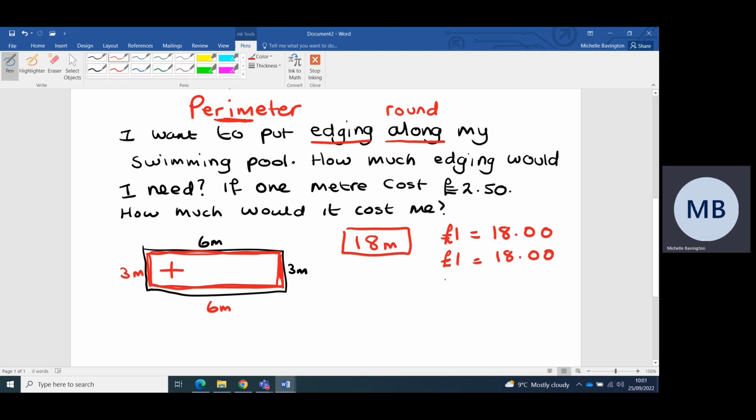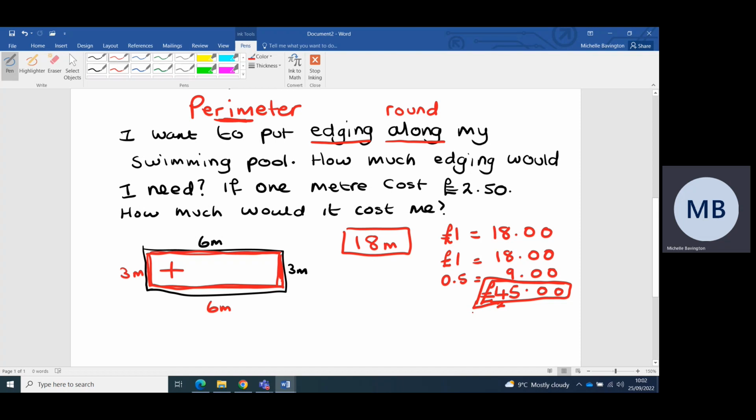And the 50p, half a pound, half of 18 is 9. So altogether, it will cost me £45. Make that my answer. Done.